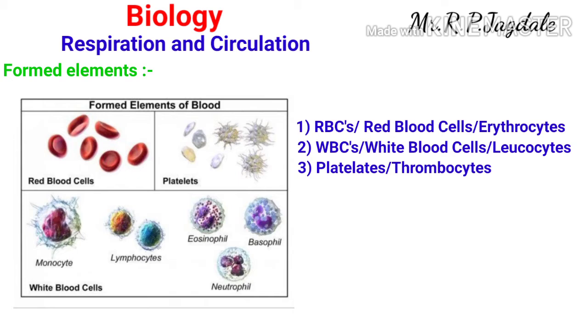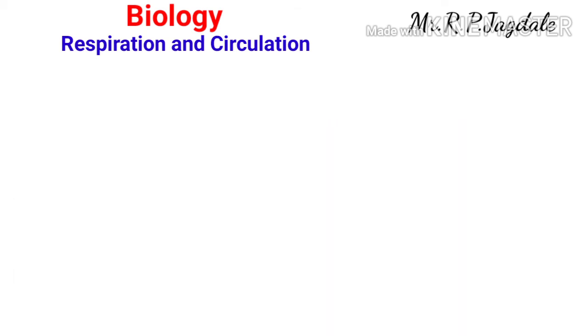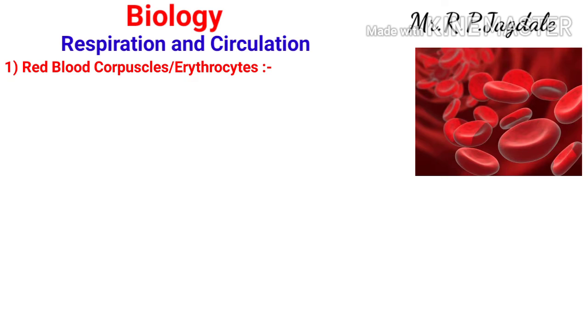So this lecture is also important for you to understand the blood reports. We are going to see the three blood cells. First, we are going to see the red blood corpuscles, also called erythrocytes.